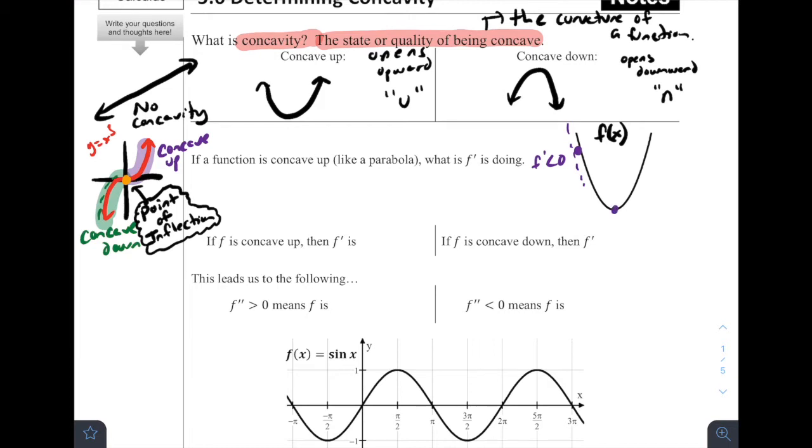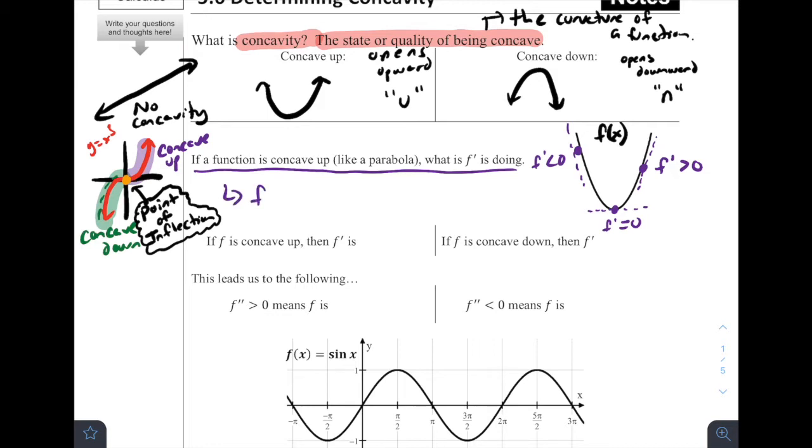Down here at the vertex of this parabola-looking shape, the slope is 0, so f prime is equal to 0. Then if we pick a spot on the right side of the graph, the tangent line has a positive slope, so f prime is greater than 0.